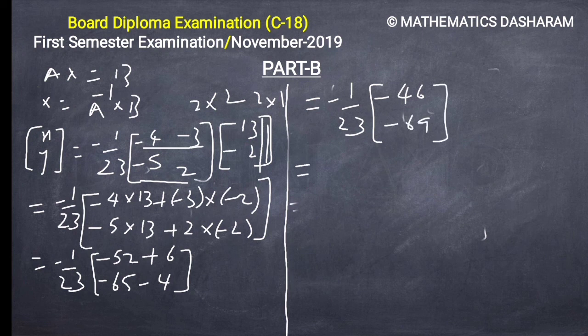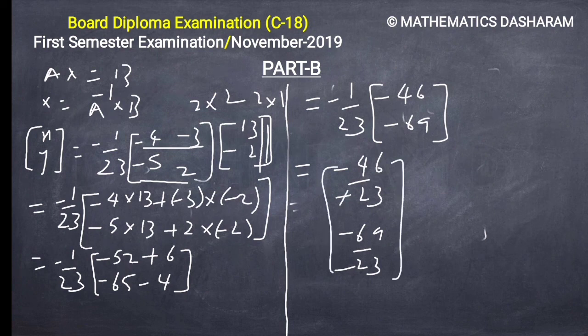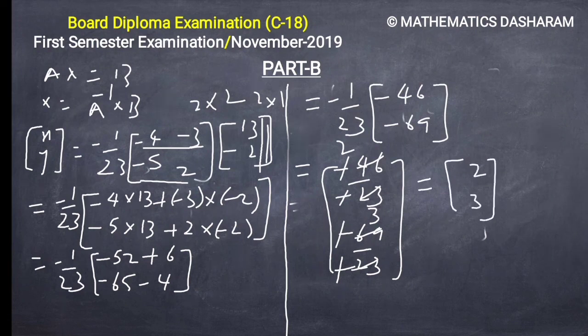Now let's multiply minus 1 by 23 inside. So minus 46 by minus 23, minus 69 by minus 23. The minus signs cancel, 23 twos are 46, 23 threes are 69. So the answer is 2, 3. Therefore the x value is 2 and the y value is 3.